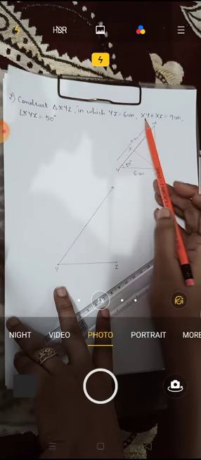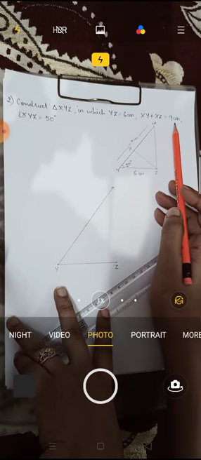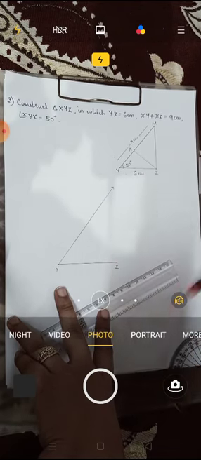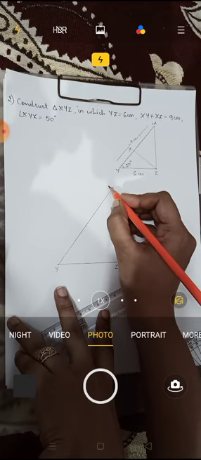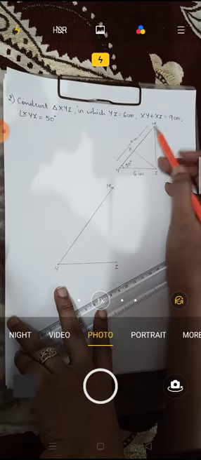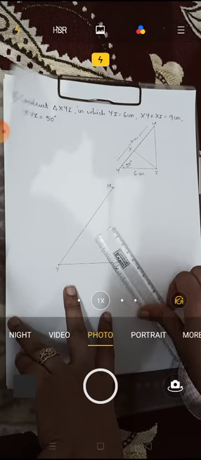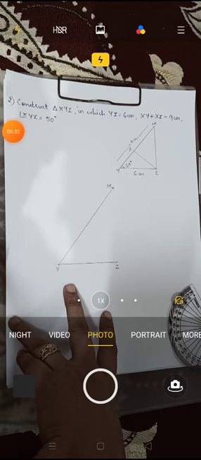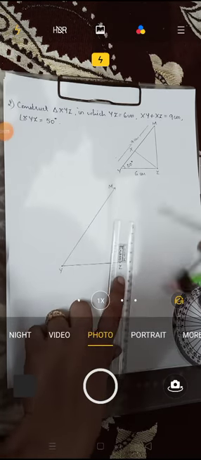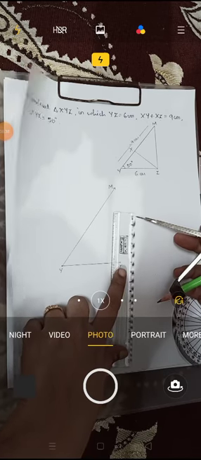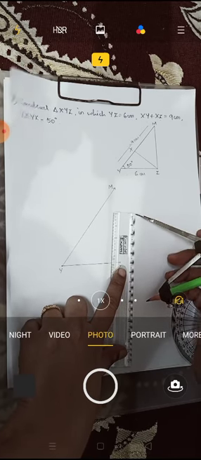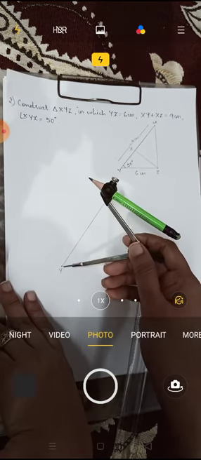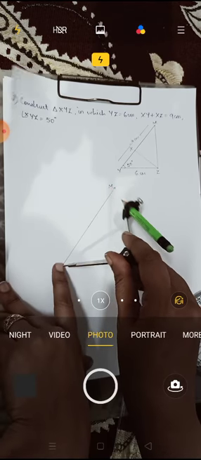And now we want XY plus XZ is equal to 9 centimeter. So this side, you can write over here M, as I have written here M. Take 9 centimeter with a compass and keep it on point Y and draw an arc.